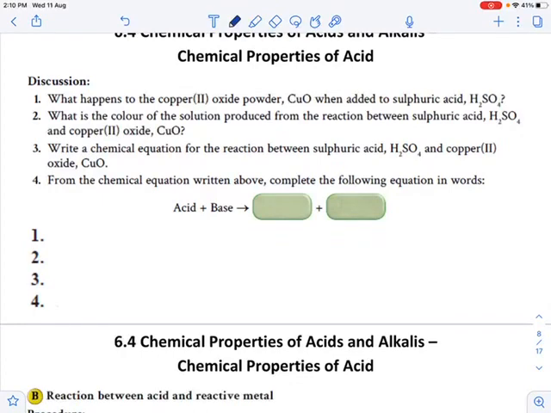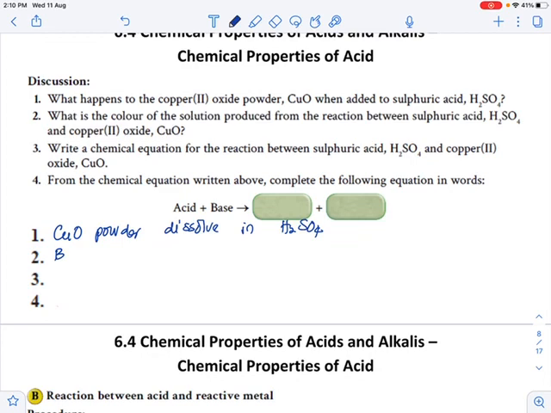What happened to the copper(II) oxide powder when added to sulfuric acid? The answer is the copper(II) oxide powder dissolves in sulfuric acid. What is the color of the solution produced from the reaction between sulfuric acid and copper(II) oxide?